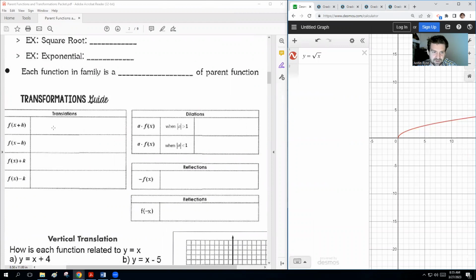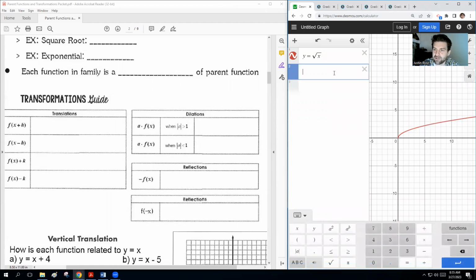So let's talk about what kind of translation happens when we add a number inside of the square root. So if we have y equals, it might be easier to just copy paste this here. Control C, Control V. If we put numbers inside, so y equals square root of x plus 5, or what if we do that again, but add plus 2?